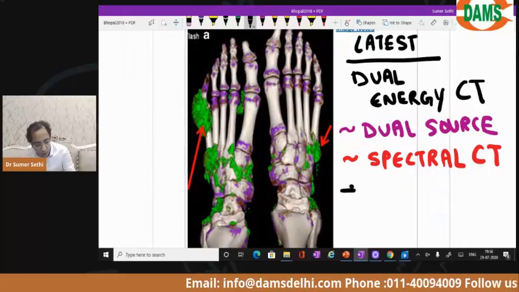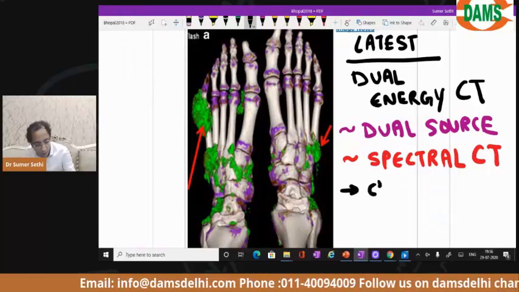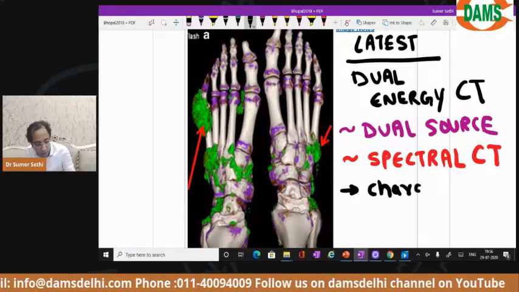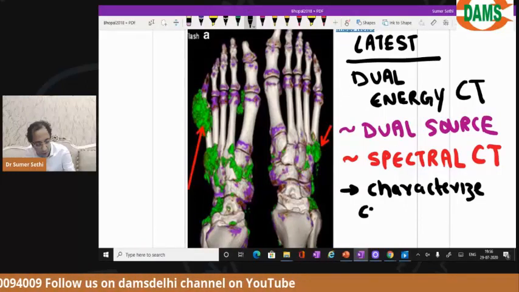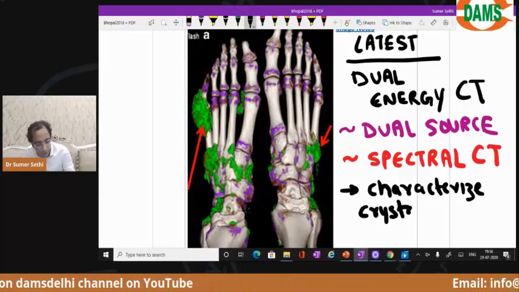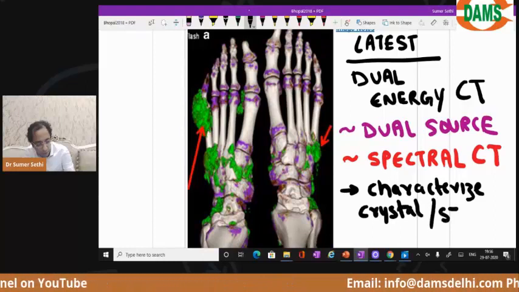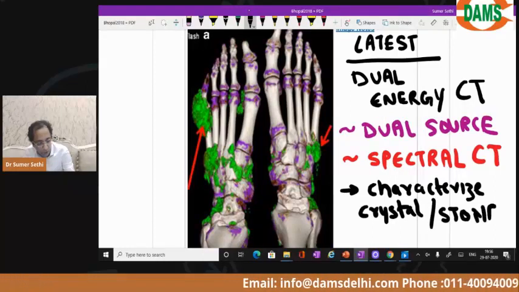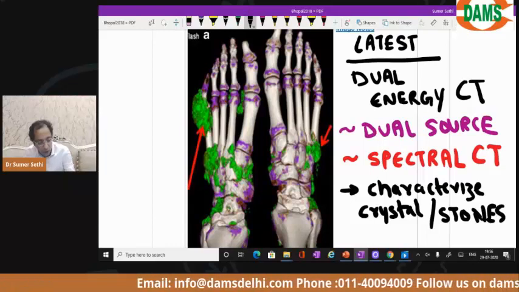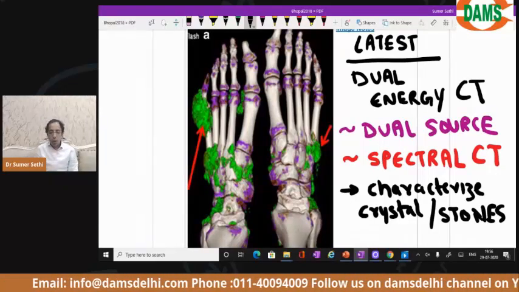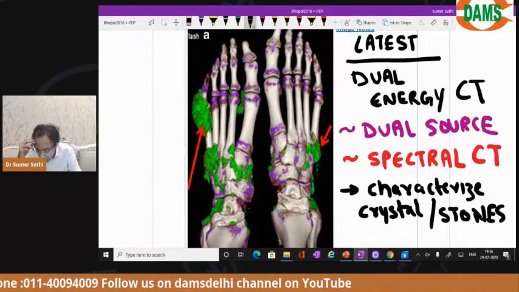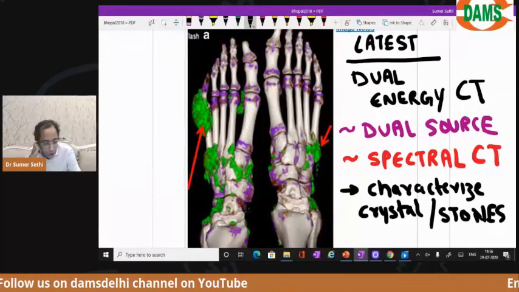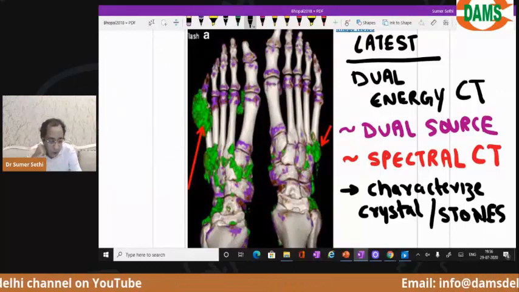Now, it has additional ability to characterize the crystals and stones. Okay, we'll not go into the physics, that is okay. But just understand, today there is a latest CT technology available called dual source CT, spectral CT.